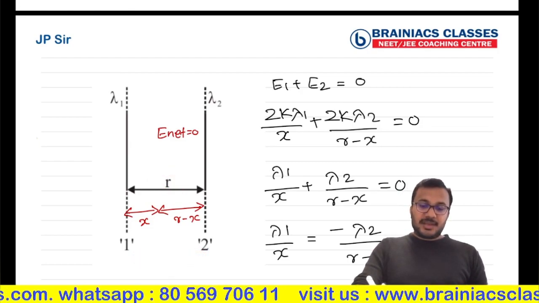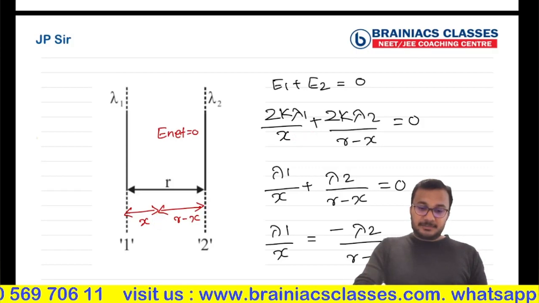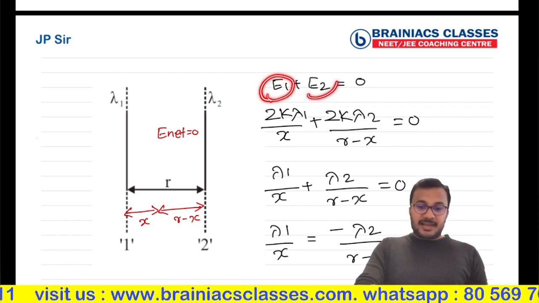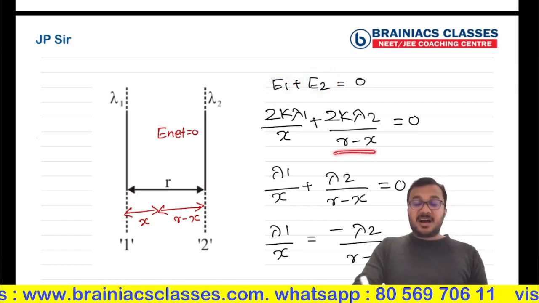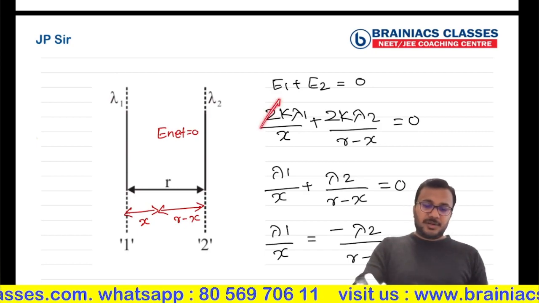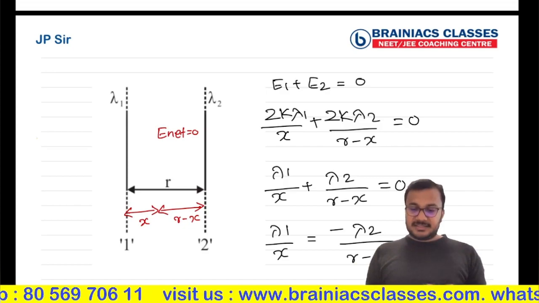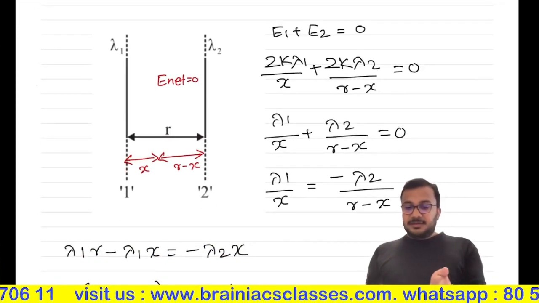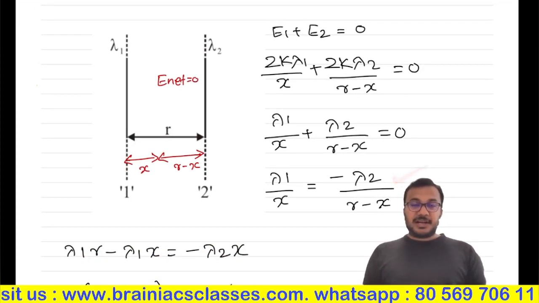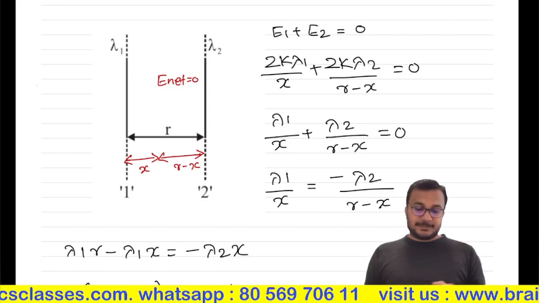So the electric field at this point because of wire 1 is 2k lambda 1 by x, and because of wire 2 it is 2k lambda 2 by r minus x, and the sum is equal to 0. Simplify, 2k cancels: lambda 1 by x equals minus lambda 2 by r minus x.